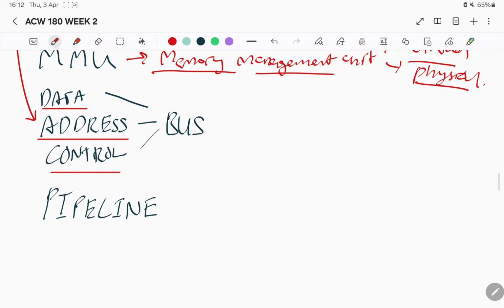And finally, we got the pipeline. Modern CPUs use pipelining to increase throughput. Pipelining allows multiple instructions to overlap execution, with each instruction being processed at a different stage.